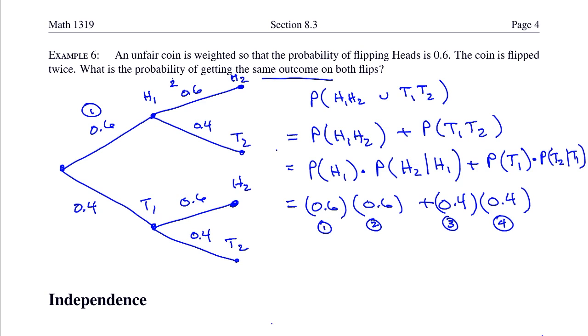This was number 2. So they are different 0.6s because they come from different places in the tree. Number 3 and number 4. 0.6 times 0.6 is 0.36. 0.4 times 0.4 is 0.16. And you add them together to get 0.52.